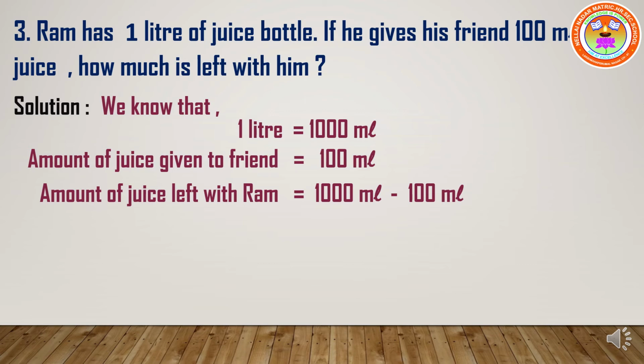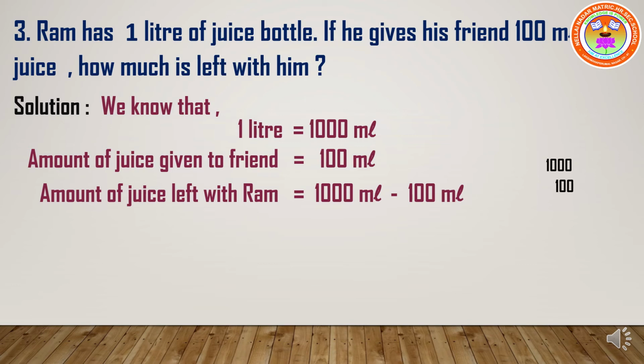So, first what we have done? We have converted 1 liter as 1000 milliliter. Yes, and it is given that he is giving 100 milliliter of juice to his friend. So, in order to find how much juice is left with Ram, we have to subtract 1000 milliliter and 100 milliliter.